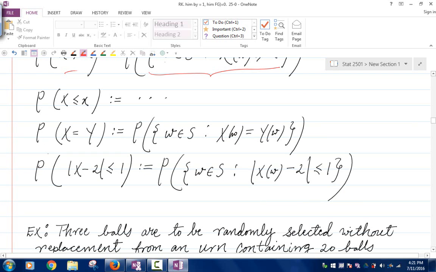If we have two variables X and Y, and if we write the probability of X equal to Y, what we mean is the probability of the event consisting of all outcomes omega inside of the sample space for which X of omega is the same as Y of omega.